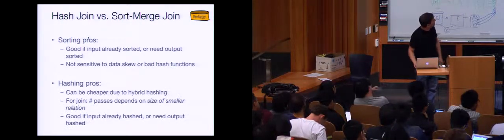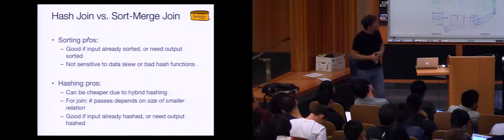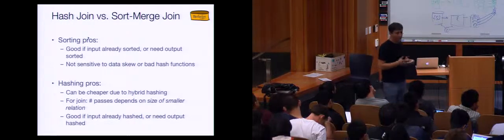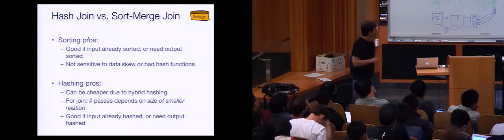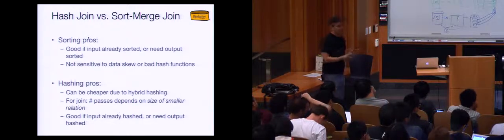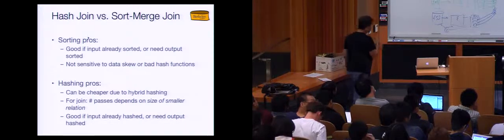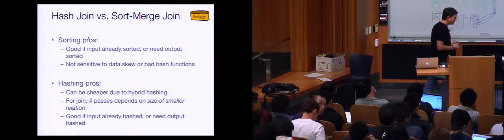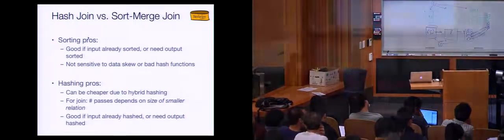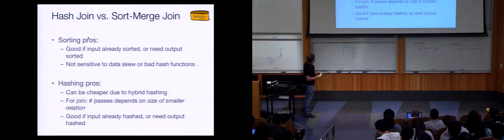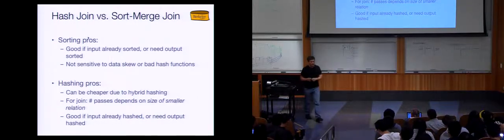All right. Which is better than which? Well, sorting is good if your input's already sorted, or if you need the output sorted. And as we know from sorting, it's not sensitive to data skew, bad hash functions, all that kind of stuff. With hashing, you've got this hybrid hashing trick. More to the point, with sorting you have to sort both tables.